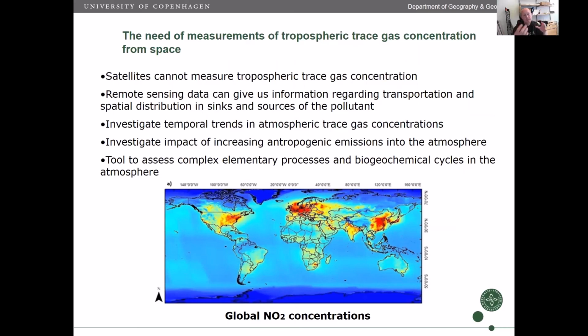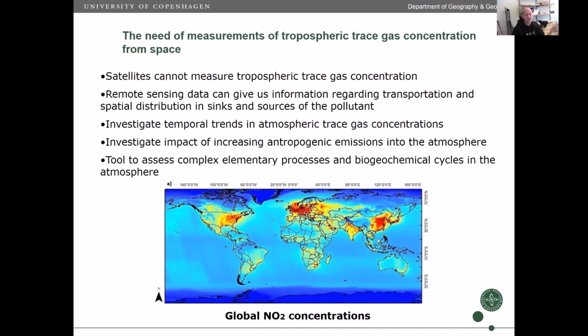Based on these data, we need to create a model which we can use to convert these data into the trace gas product. But once we have this product, we have a very strong tool for getting further understanding of our Earth.